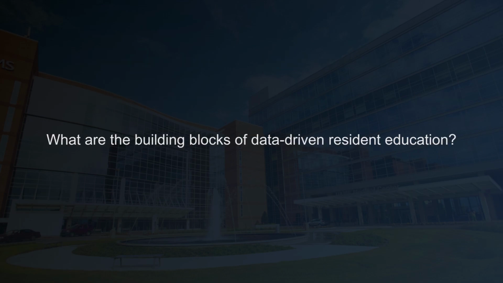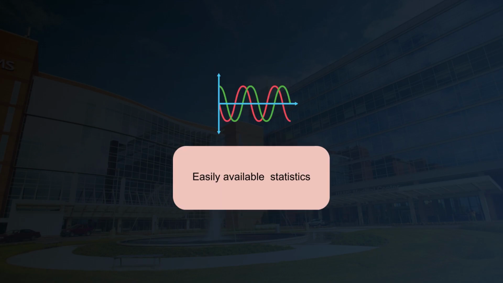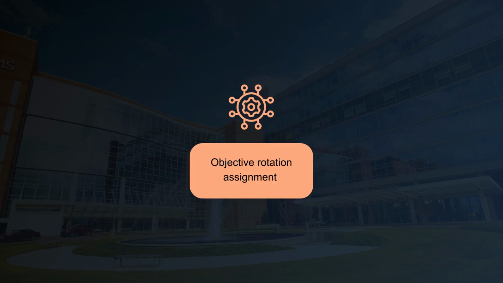Now, what are the building blocks of data-driven approach to resident education? First, we need reliable case logs. And second, statistics on those case logs need to be easily and continuously available to both residents and faculty. Third, rotations must be allocated based on need in relation to objective measures of case experience and not just work requirements or ACGME requirements.